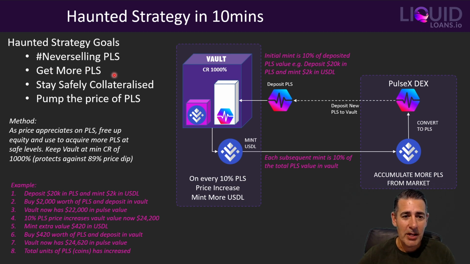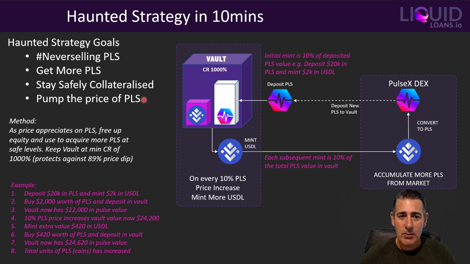So never selling, getting more, staying safely collateralized. We're using a lending system here, and the last thing you want to do is use it in a risky fashion. So this is about protecting your Pulse bags.